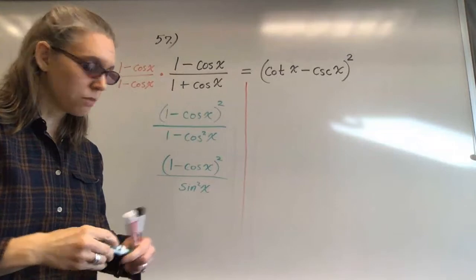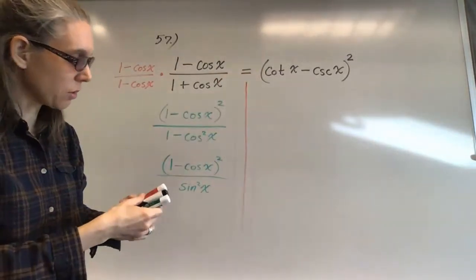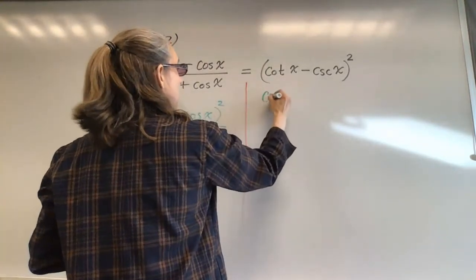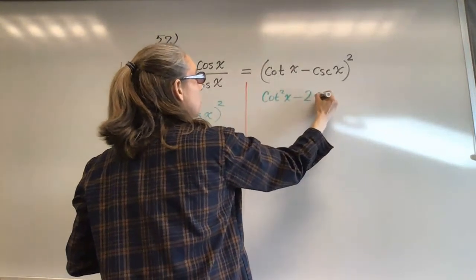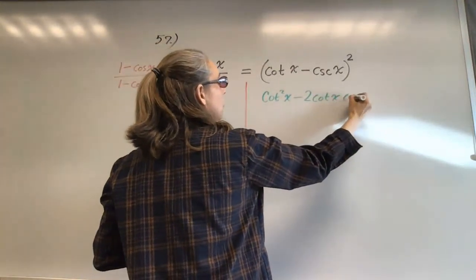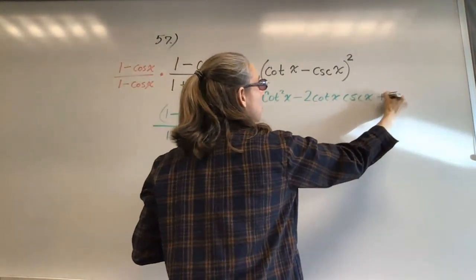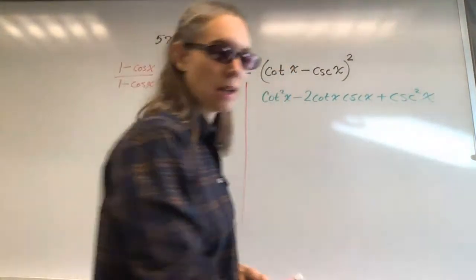So first, since I have a binomial squared, I'll just go ahead and square it. And the result is cotangent squared x minus 2 cotangent x cosecant x plus cosecant squared x.